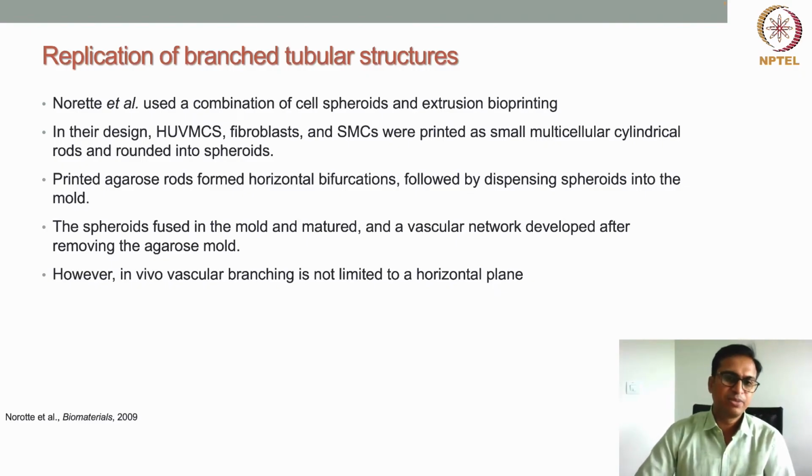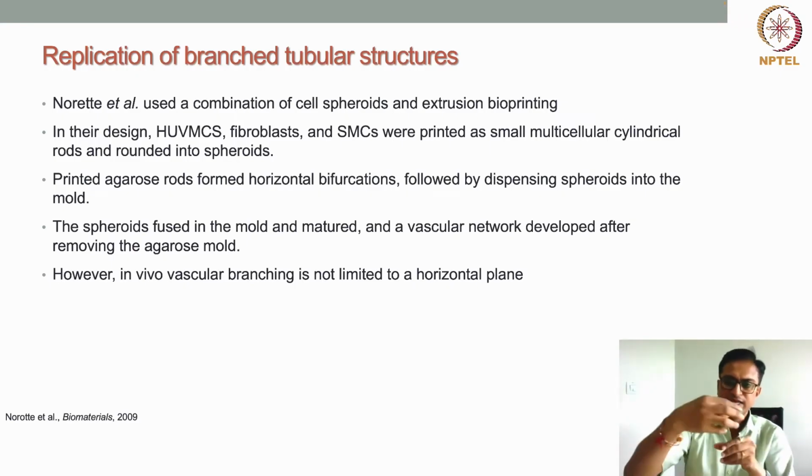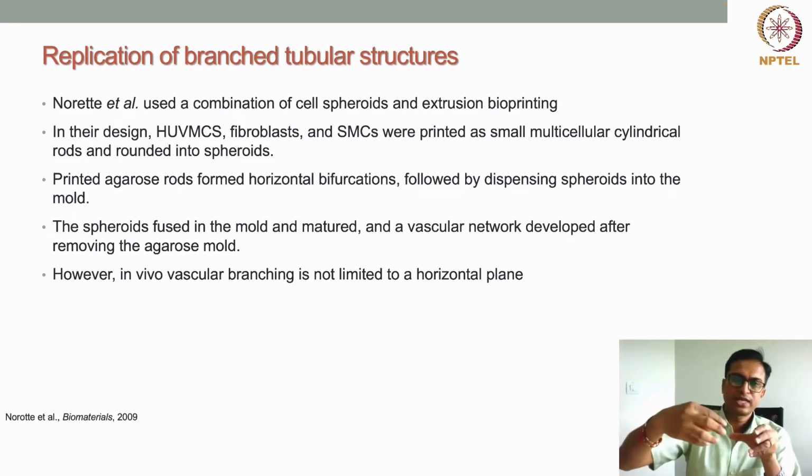What they have done, they have printed HUVECs, fibroblasts and SMCs in small multilayer tube-like structures, where they have used agarose strands as a supporting material, and in between the agarose strands these cell spheroids were printed.